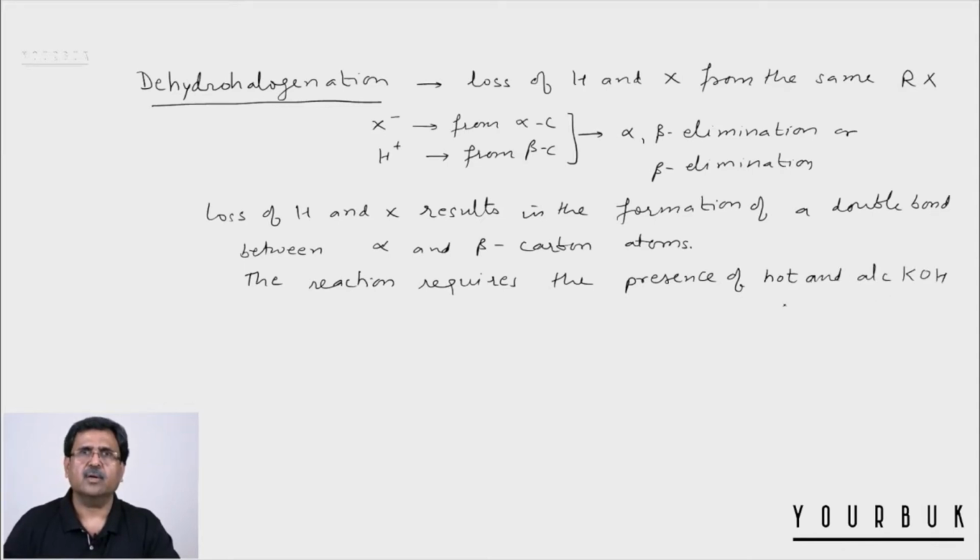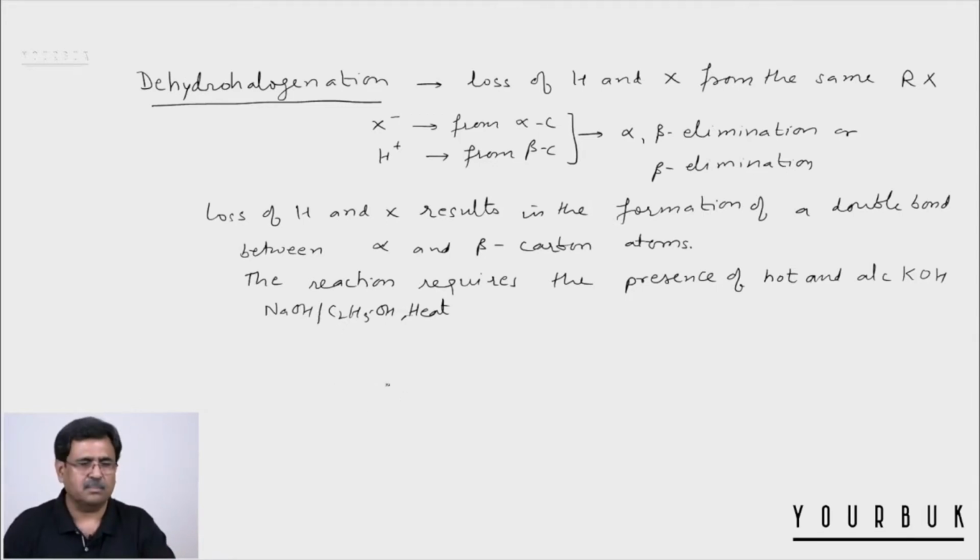But in place of hot and alcoholic KOH, we can also use NaOH, alcohol and heat. So there are different ways to write the reaction conditions: hot and alcoholic KOH, or sodium hydroxide, ethyl alcohol and heat.